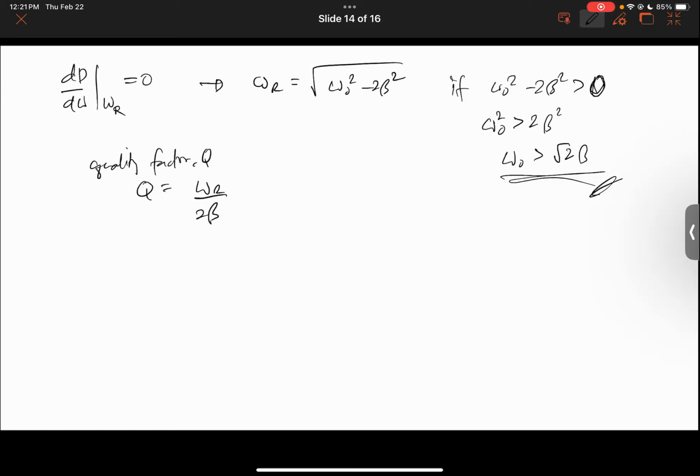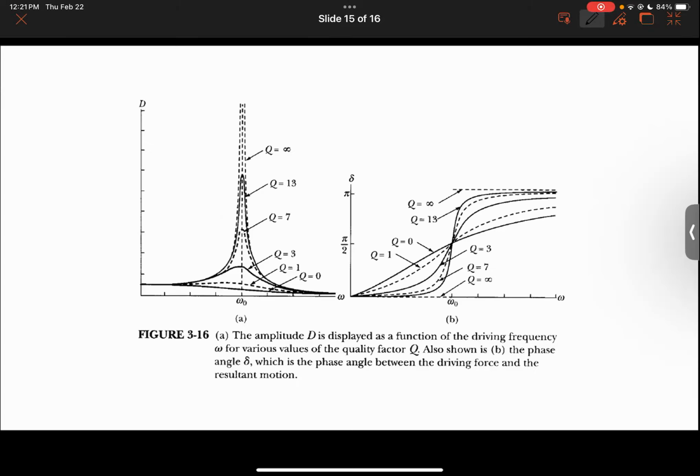So we have to take a look at what is happening in the system. If we take a look at this graph, for example, this graph shows the different values of D as a function of omega.